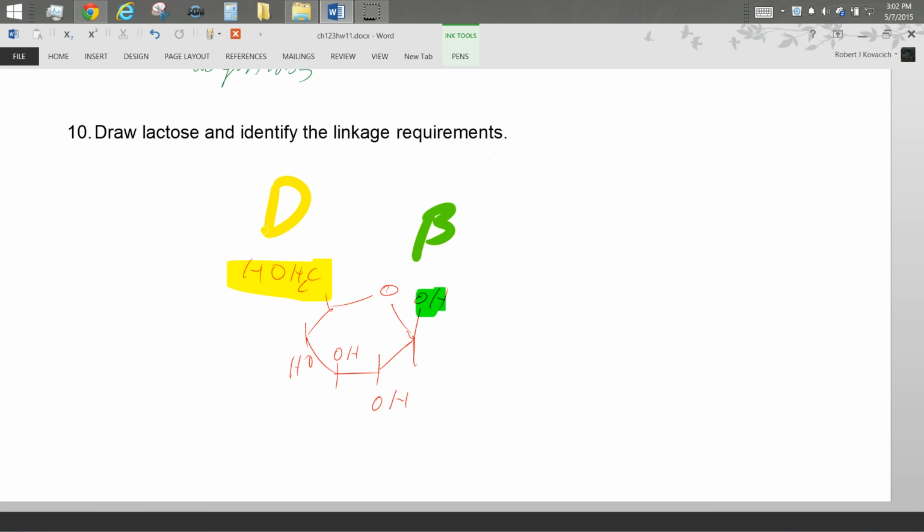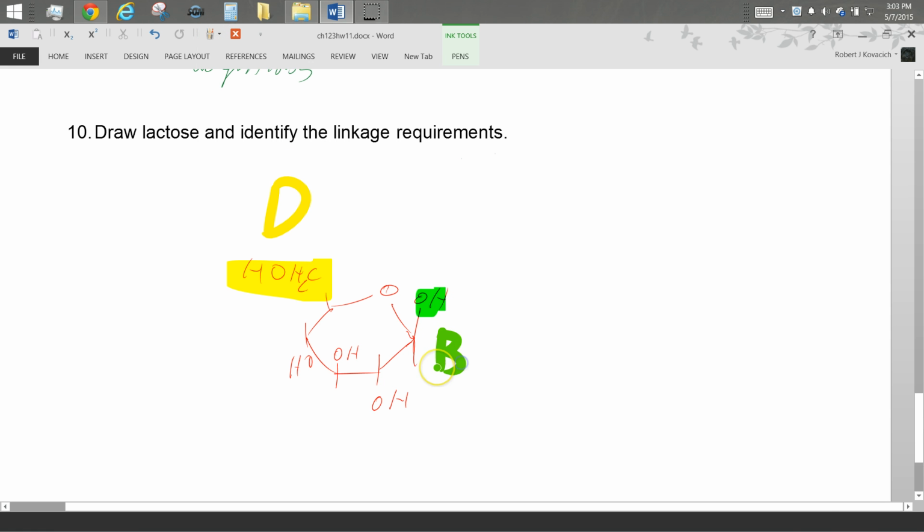So if that highlighted yellow portion is down, then it's L, and if the highlighted green portion is down, it's alpha. I should probably erase that. I think I looked it up in our notes. So what do I have to connect it to? Alpha D galactose.